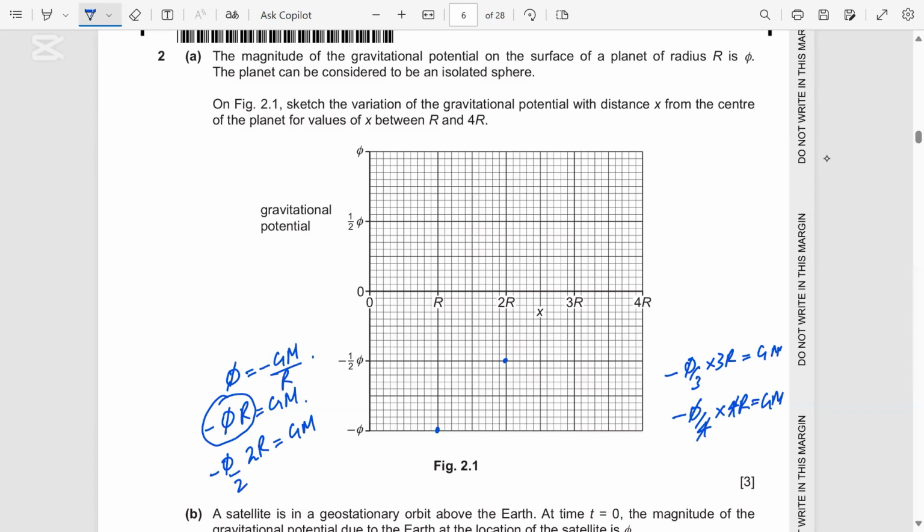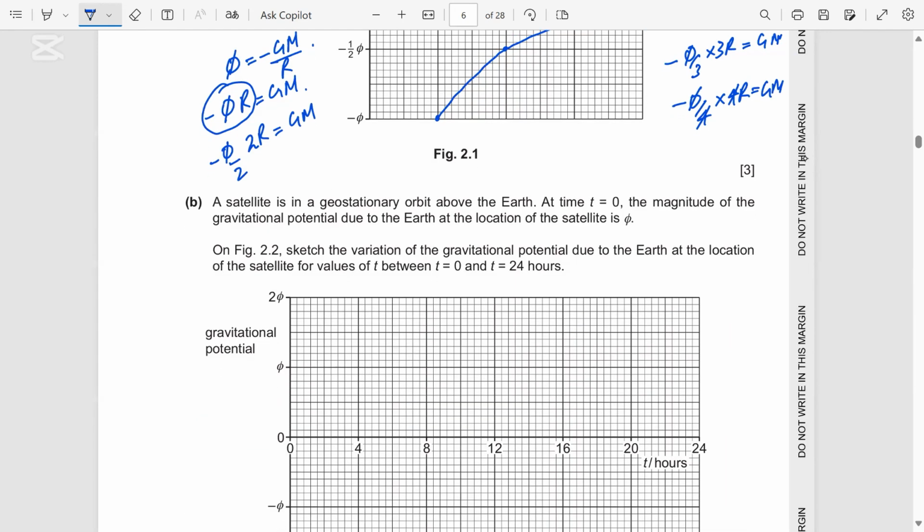So at 4r, this is minus phi by 4, and we have to plot it. The plot is going to be a continuous curve like this.